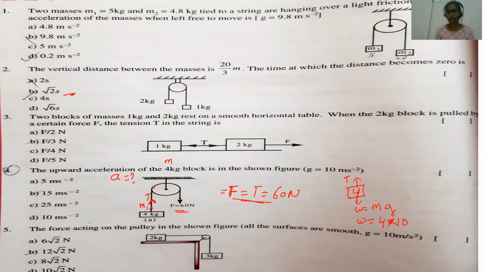So totally how much weight is acting downwards? 40 newtons. Tension is nothing but 60. So in the free body diagram, it is going in the upward direction with some acceleration. Right, tension is more. So T minus mg is equal to mass into acceleration.